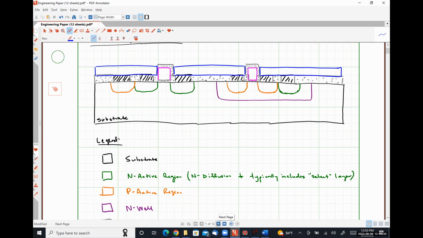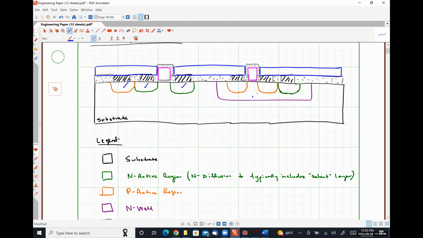Okay, so if we wanted to fabricate this inverter, the first steps that we would take would be effectively preparing the substrate in order to have this P active region deposited, this N active region deposited, this N active region deposited.